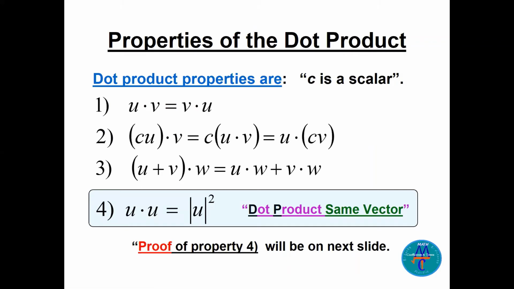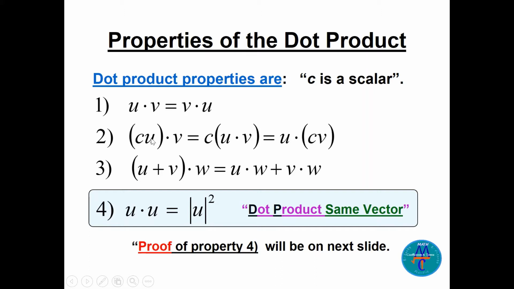Now here we have some properties of the dot product. The first one says u dot v is equal to v dot u, which means that the dot product is commutative. So these are the same number if you find u dot v or v dot u. Now c is a scalar, which is a real number.